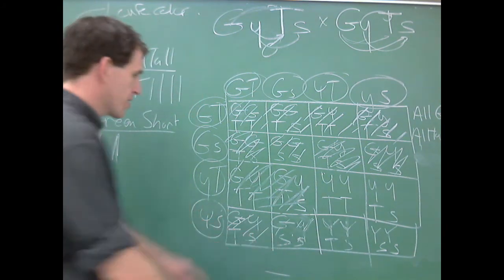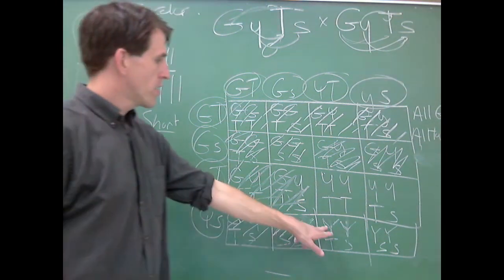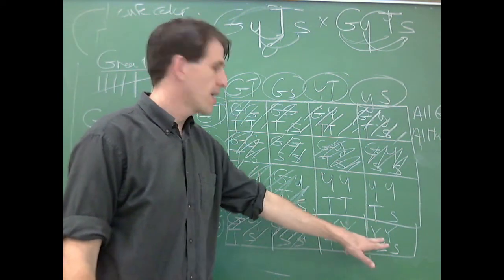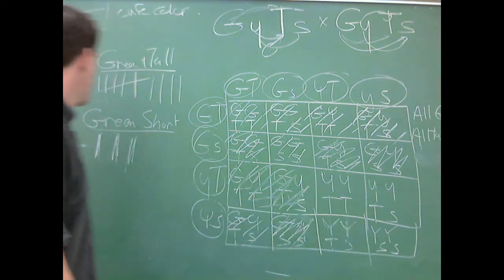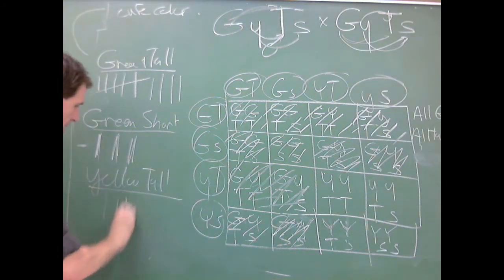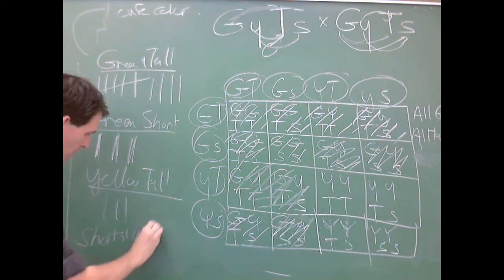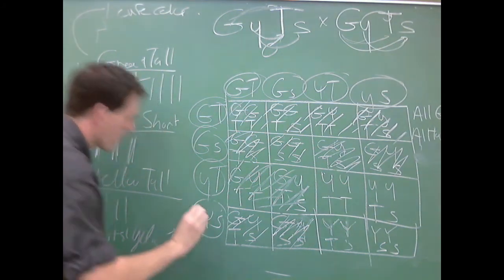Green and short, that works. Yellow and tall, nope. Yellow and short, no. All right. So what's the next one here? Yellow and tall will be 3. And then yellow and short will be 1. All right, so we've seen all this.